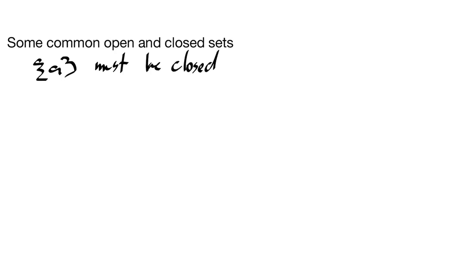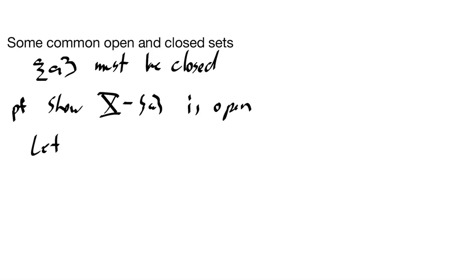So if I have any point in my set, that set must be closed. The way I do that is I show that my set itself minus that point is open. So what I'll do is pick some element, whatever I want to call it.